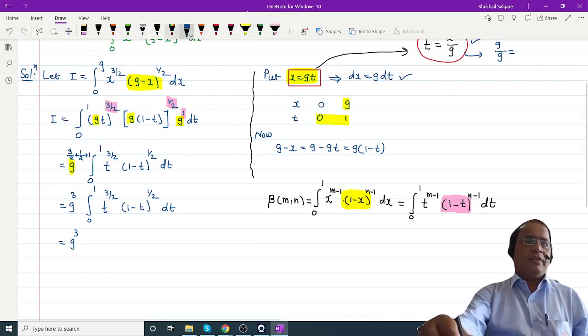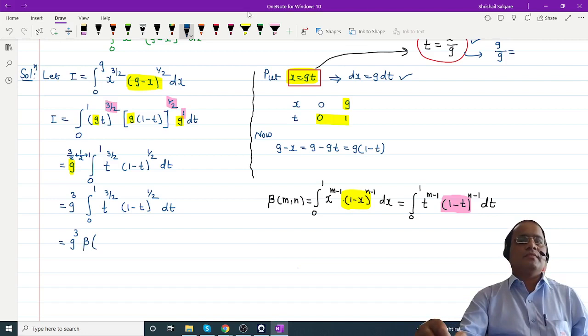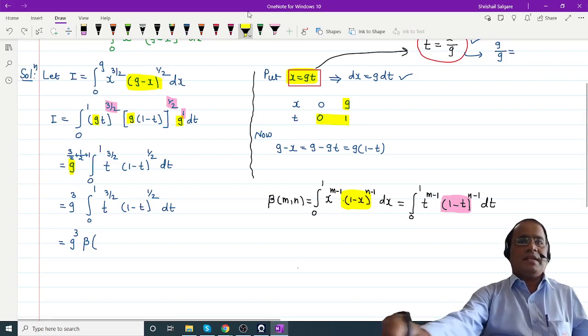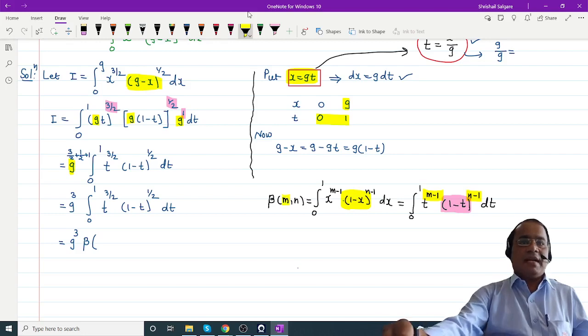Okay, tell me the value then. If you are writing in terms of beta, then beta of what is the first parameter? Remember, the first power is m minus 1, second power is n minus 1. Then the parameters for beta are given as m and n. Yes, continue. Sir, it will be 3 by 2 plus 1.